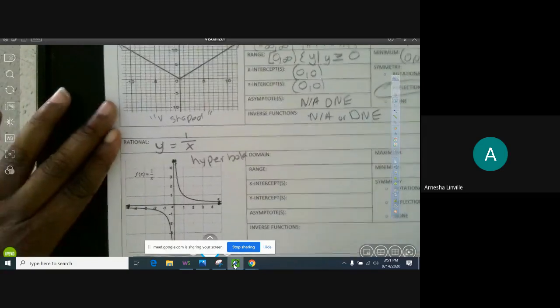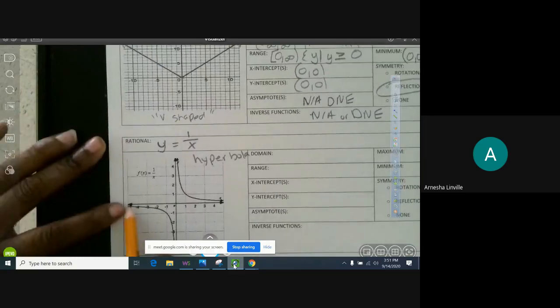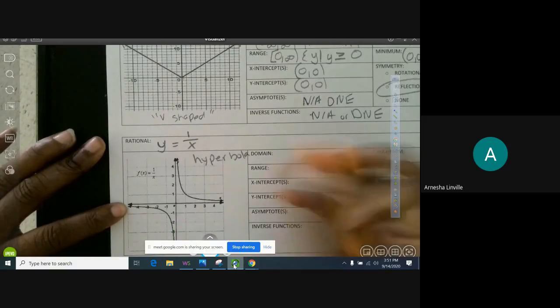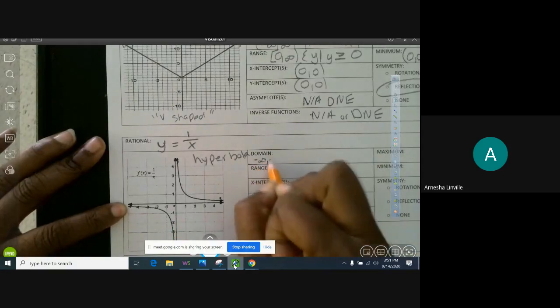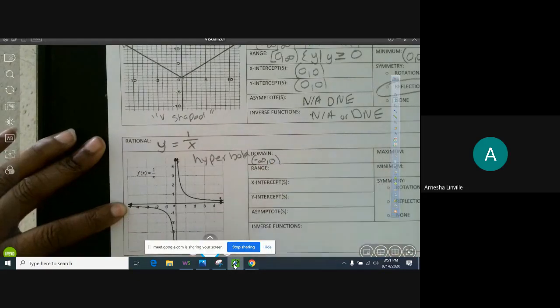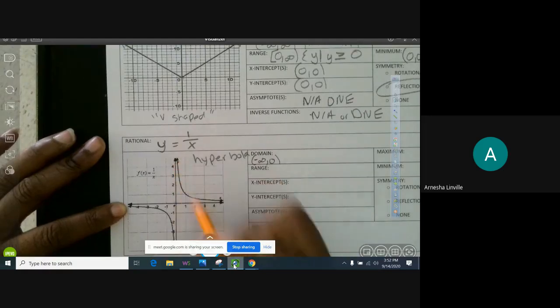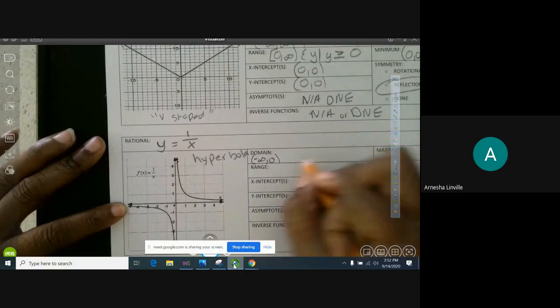The domain: if I'm looking at the domain, if I go to the left, I'm at negative infinity. But when I get to the right, it stops at 0. So negative infinity to 0. And then it jumps. So that lets me know that there's a jump there, which lets me know there's going to be an asymptote involved. Then it jumps and comes here and continues from 0 to positive infinity.